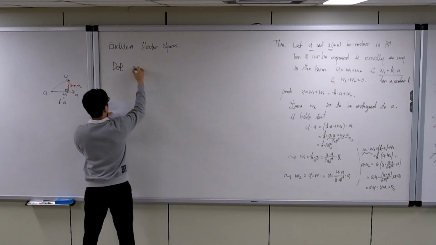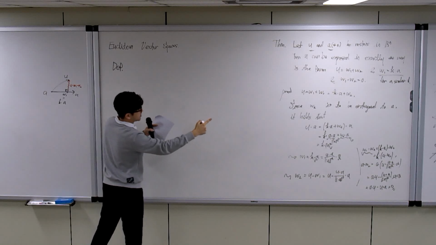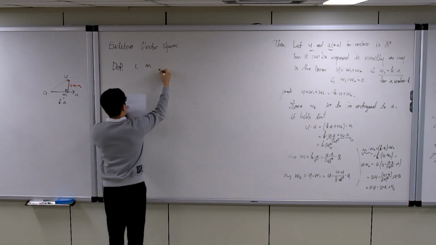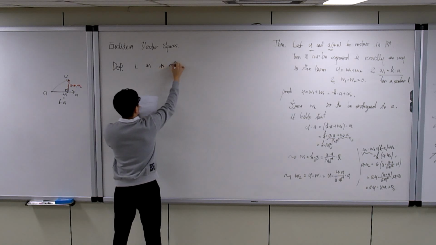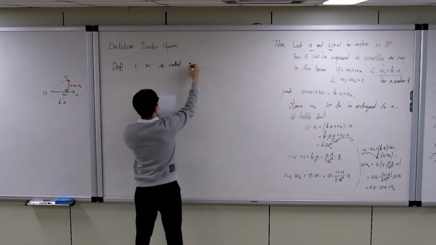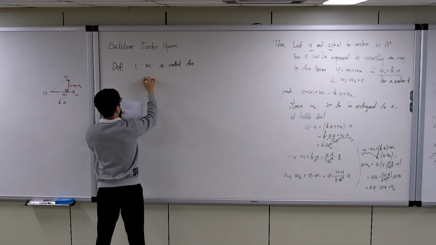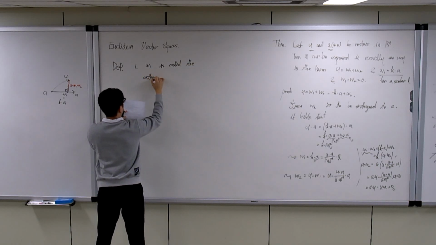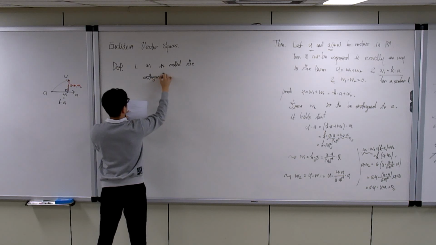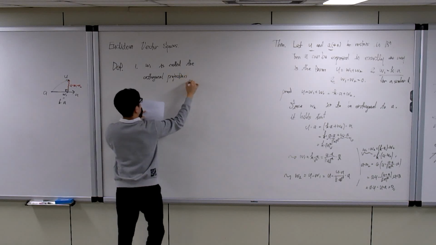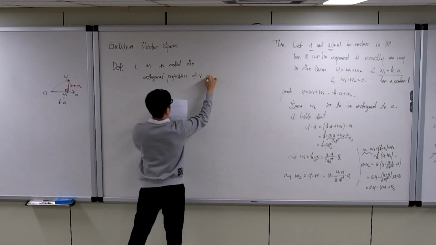I will use the same notation, and w1 is called the orthogonal projection of u on a.